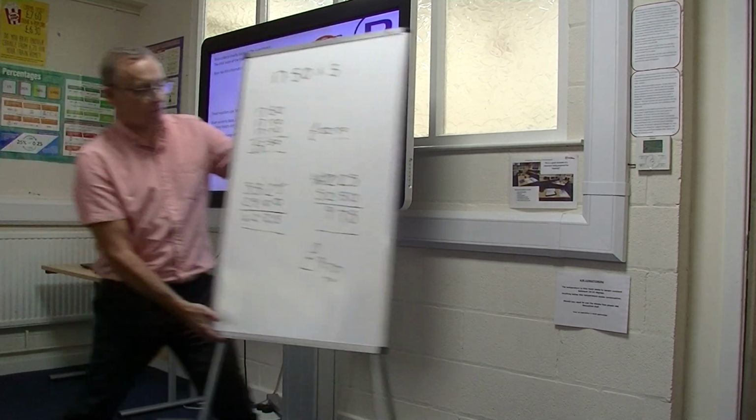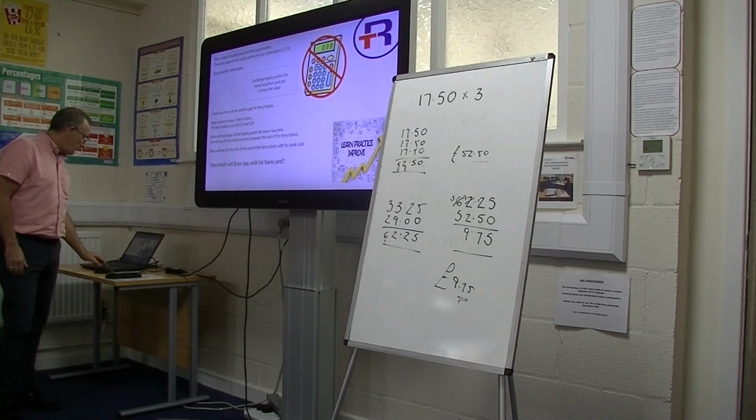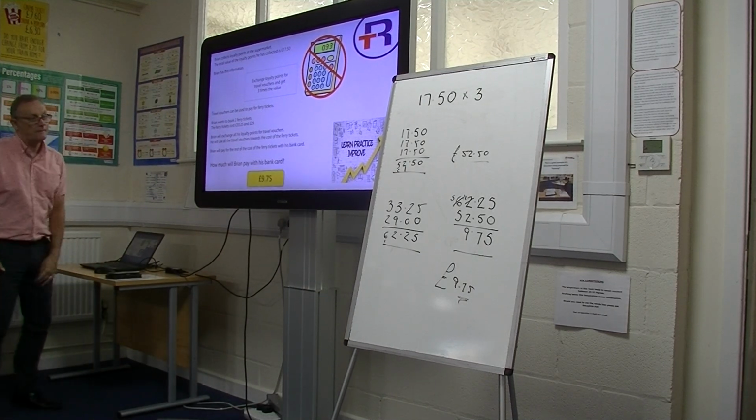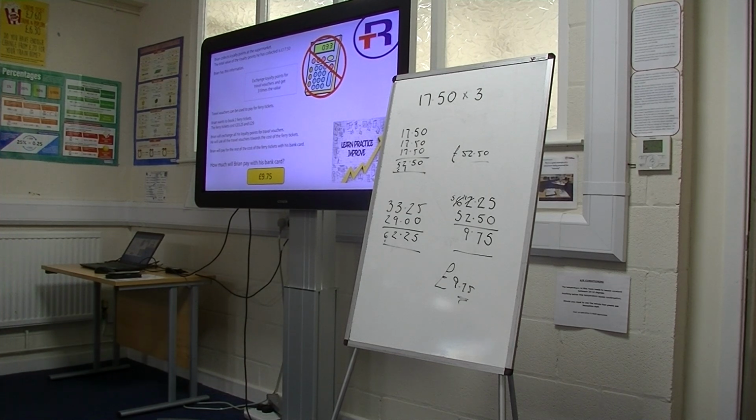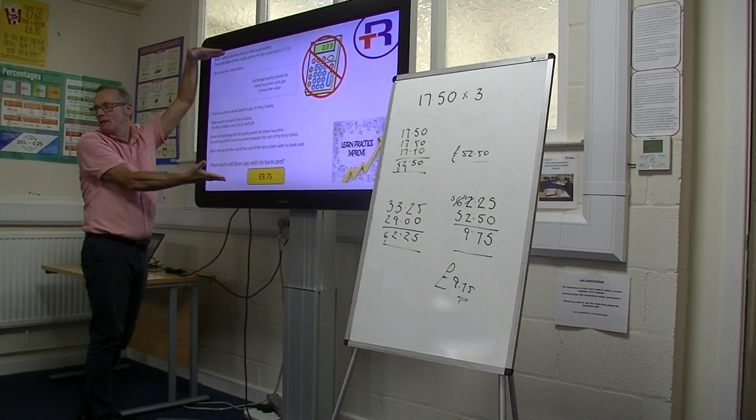That was quite straightforward. Not easy, but quite straightforward. Let's see if we've got the right answer. There we go, 9.75. So you can see the makeup of the question. Because those aren't classed as terribly difficult, they tell you a story first.